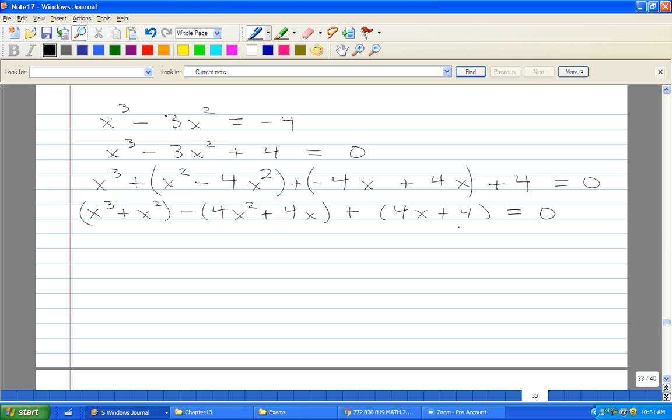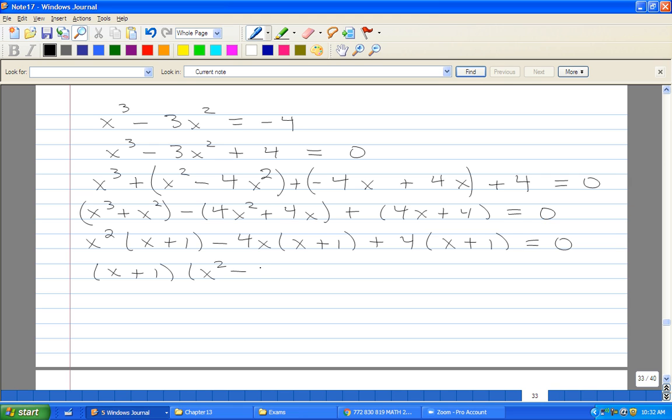Let me factor out what's in common in each of these groupings. So x squared, what remains is x plus 1. Minus 4x, what remains is x plus 1. Plus 4, what remains is x plus 1. Okay. Factor out what's in common, x plus 1.